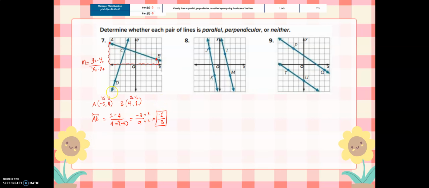Now let us try to look at the line CD. Let me just erase what I have marked there first, so you'll not get confused. So this is line CD right here. I'm going to find the coordinates of C. C is somewhere here, so we will have 1 and 2, -2 for the x because it's going to the left, and then 1, 2, 3, 3 for the y.